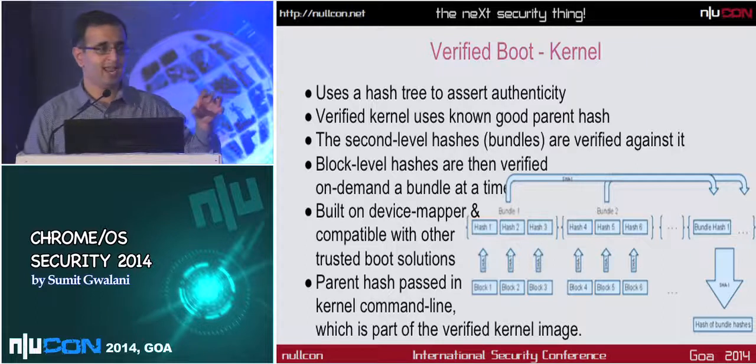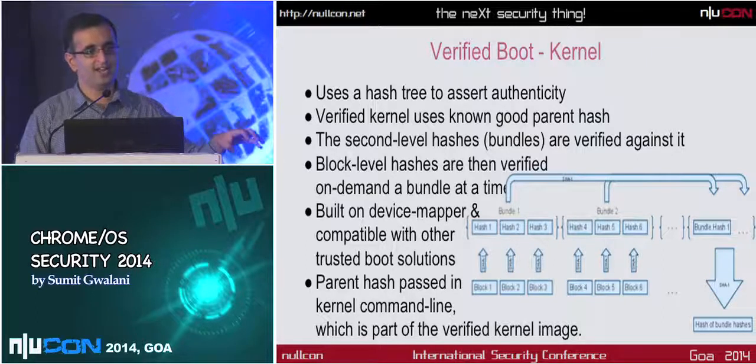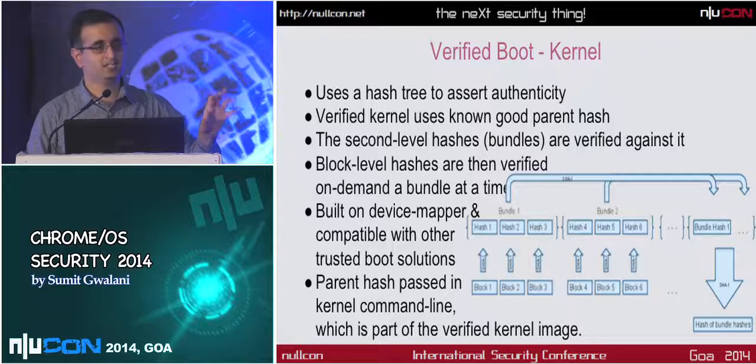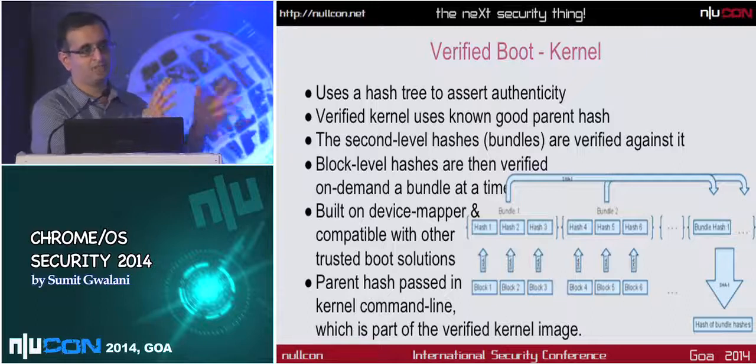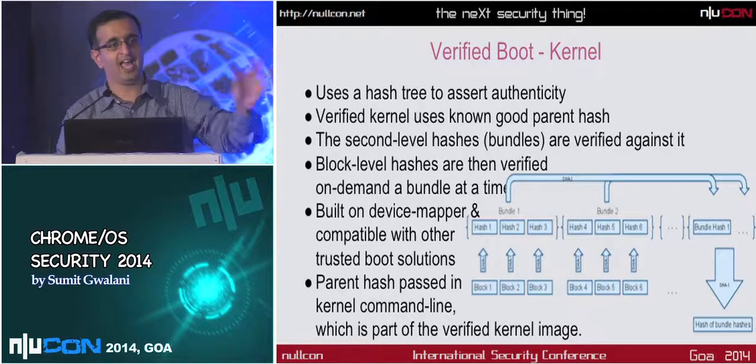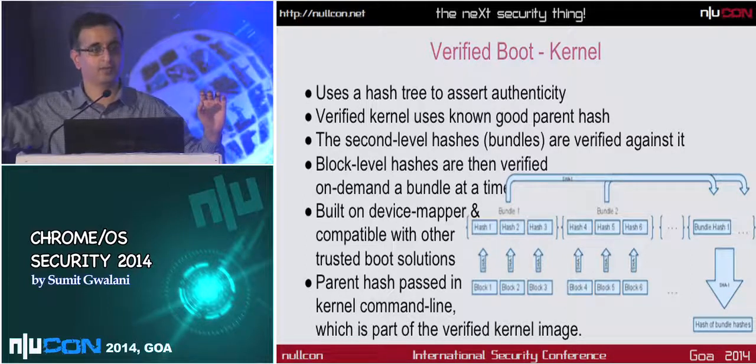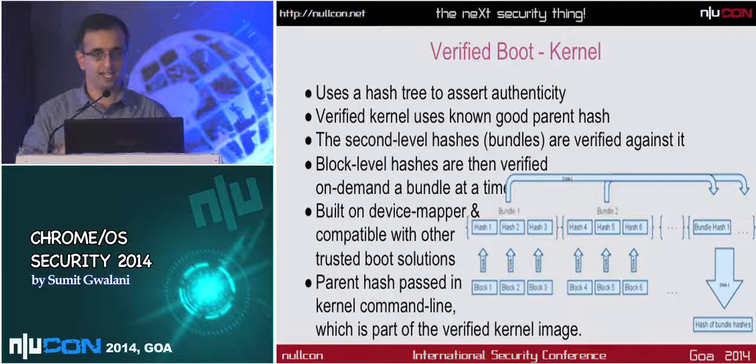When any block of the device is read or used from the file system, it first takes a hash of that block and matches it with the hash of hashes that was already verified at boot time. So you can guarantee that any code of the operating system that gets run is verified the first time it is run.